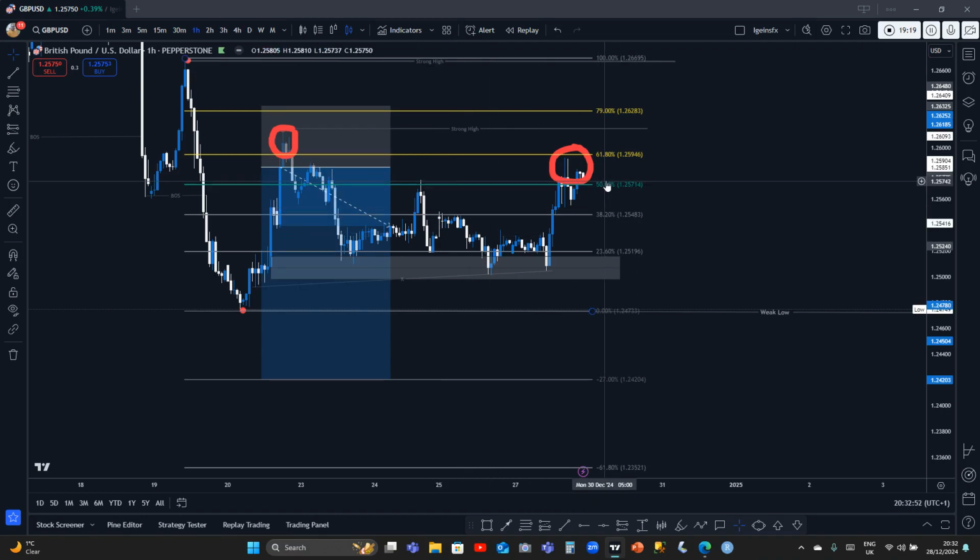From 50% and 61% to 79%, these are discount levels, all right, discount and golden level. 61% and 79%, these are golden levels. But from 50%, you see it's a discount level.